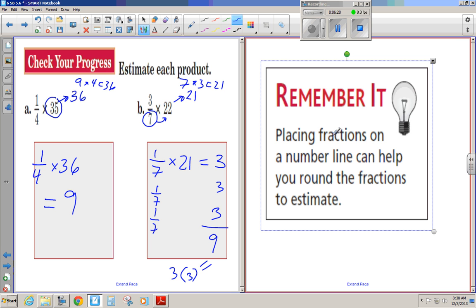All right, placing fractions on a number line can help you round the fraction to estimate. Well, this is talking about some fractions that you can't quite estimate, that you're not sure whether they're closer to one number or the other.